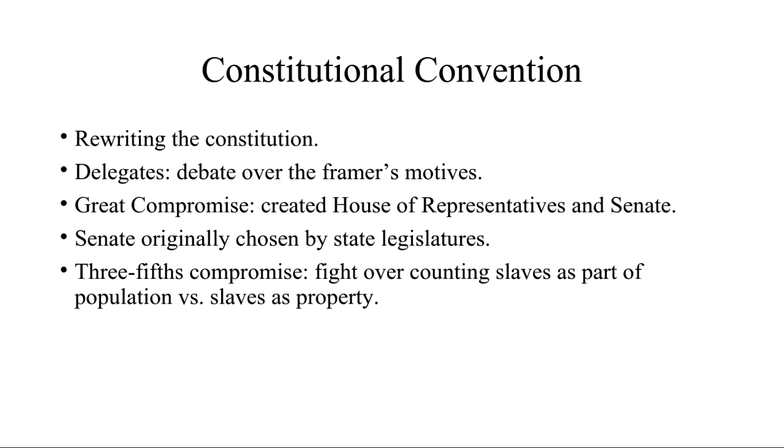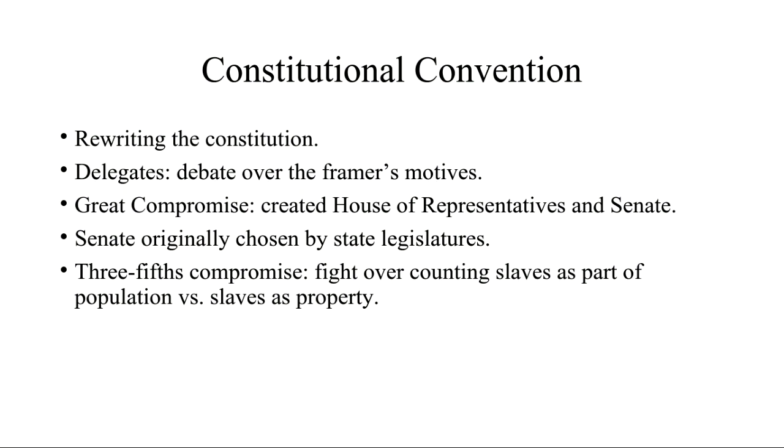Compromise. The House of Representatives is based on a state's population. So a state like Texas is going to have more representatives than a state like Wyoming, right? Because we have a much larger population.